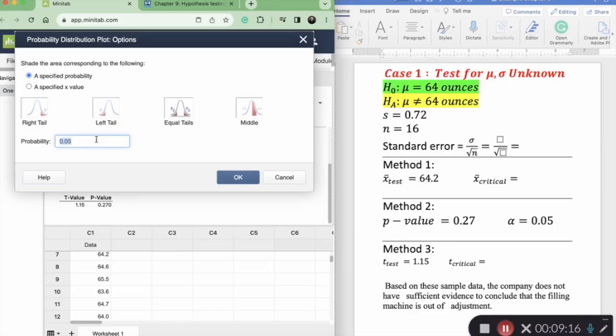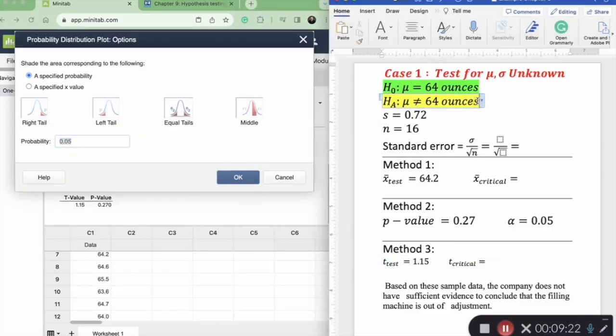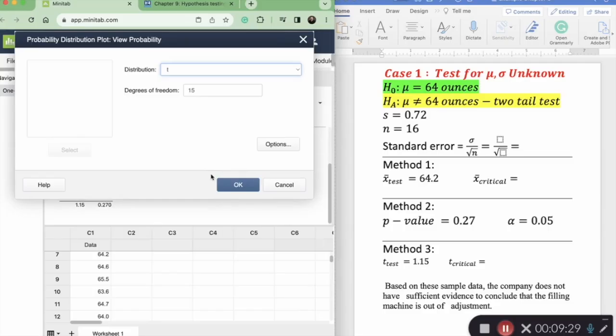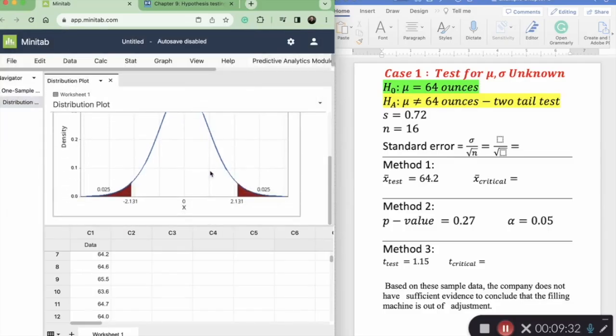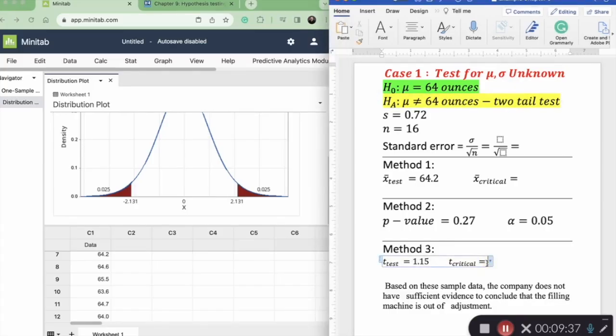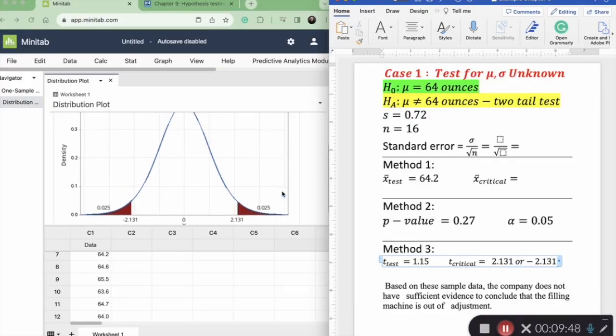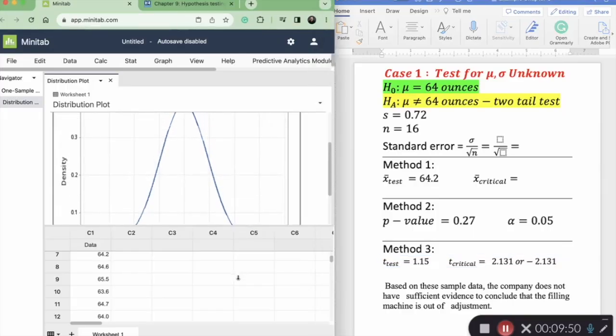What is the probability of the equal tails? 5%, because we have a two-tail test. Again, this is a two-tail test. So what's the value we got? It's 2.131. So the t critical is 2.131 or negative 2.131.